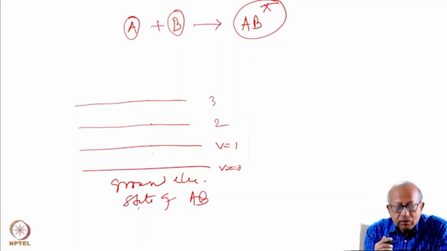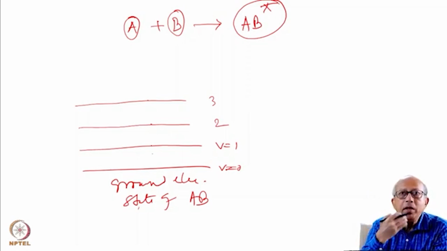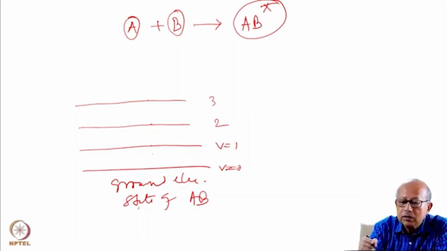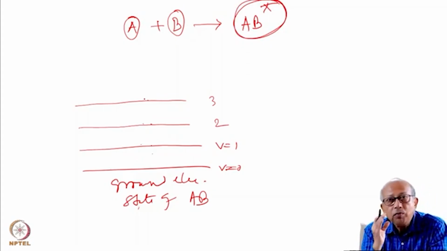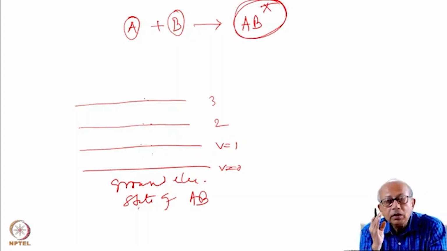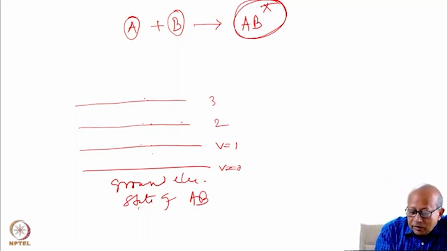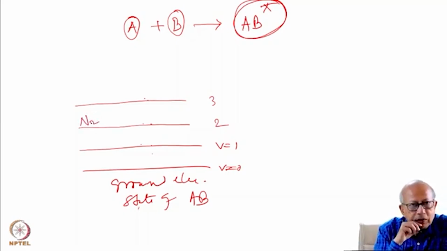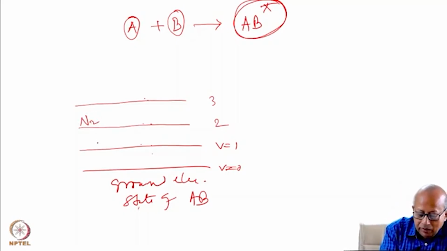But because the probability of formation of this molecule in different vibrational states is different, there is a possibility that some state, like say 2, will have a population, these molecules that have been formed in the state 2, and the number of molecules that have been formed in the vibrationally excited state 1 is less than N2.